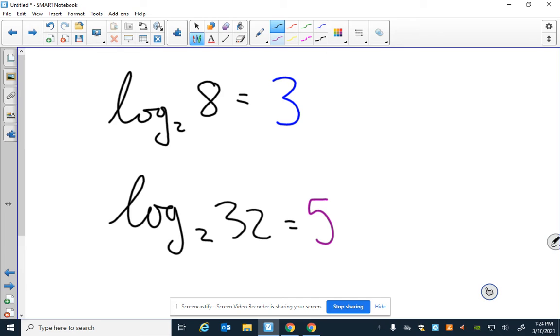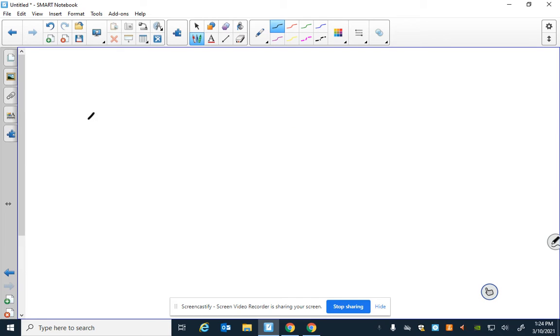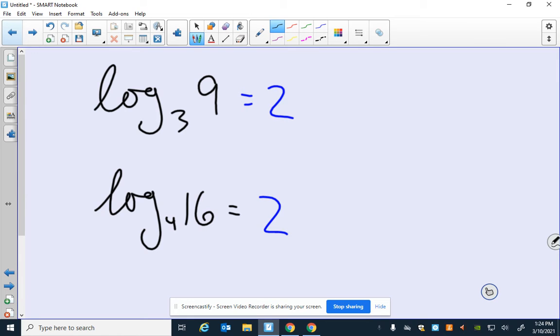Okay. Log base 7 of 49. Take a second, grab a calculator, or try to figure out what the pattern was, how those two numbers are related. And I'm going to go back a screen really fast so you can see them. You had that log set up. 3 and 9 somehow were related and gave you a 2. 4 and 16 were somehow related.